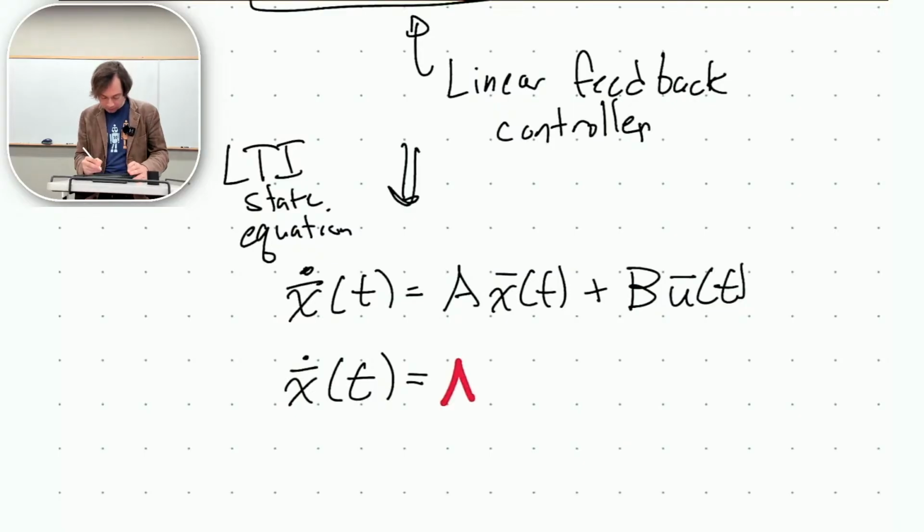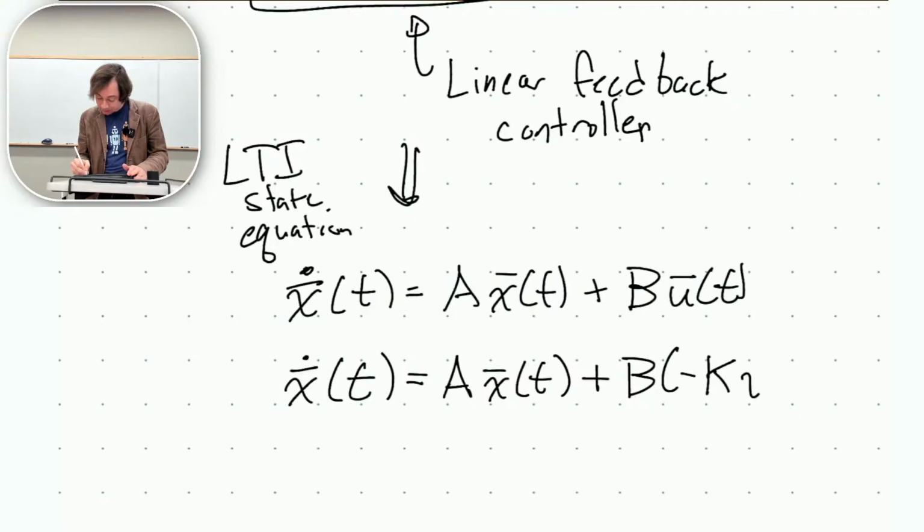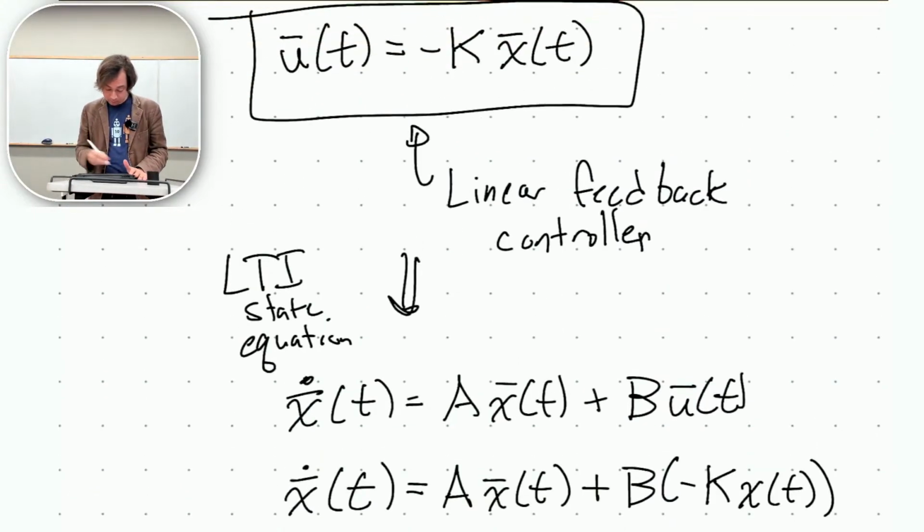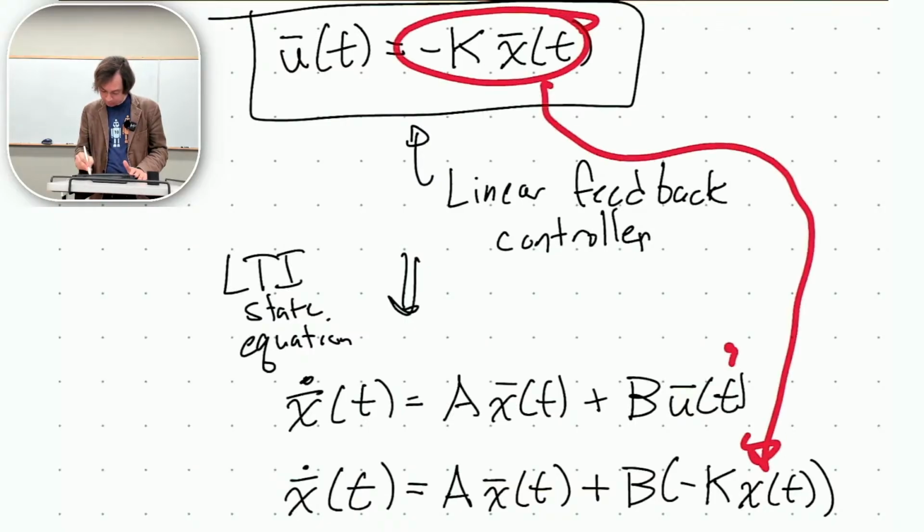So it's equal to A x of t plus B times the quantity minus K x of t. Making sense so far? I just shoved that in.